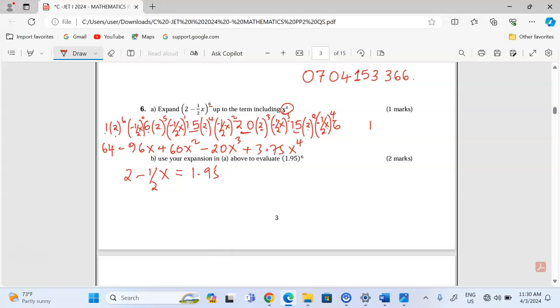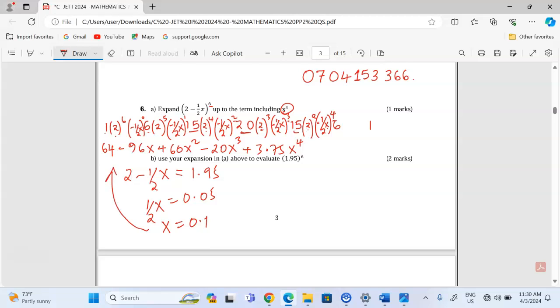Therefore, half x equals, when we take 2 and we subtract 1.95, I'm getting positive 0.05. Then to remain with x, we have to multiply by 2 both sides. So this becomes 0.1.